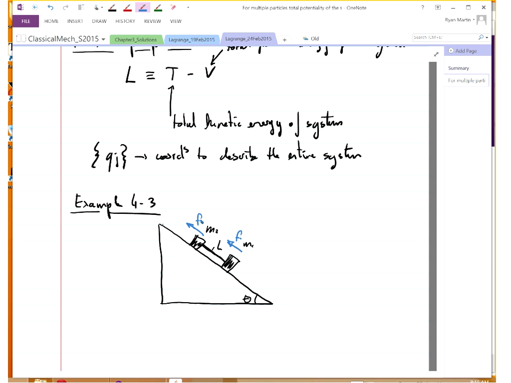But instead, we'll use the Lagrangian method. And eventually we'll write down a procedure for doing this. But for now, we'll just keep exploring how these problems work out.